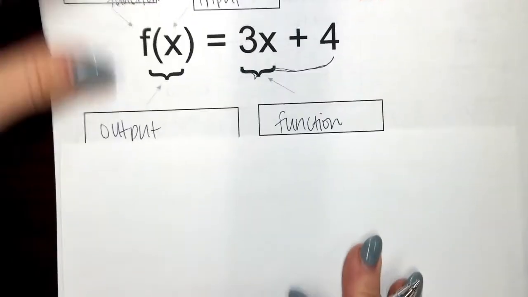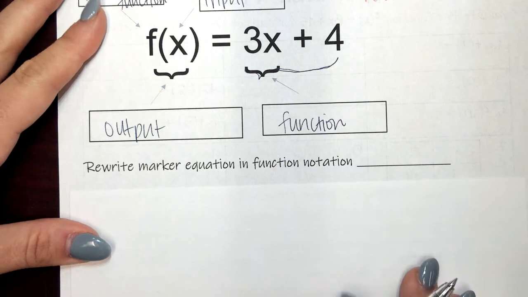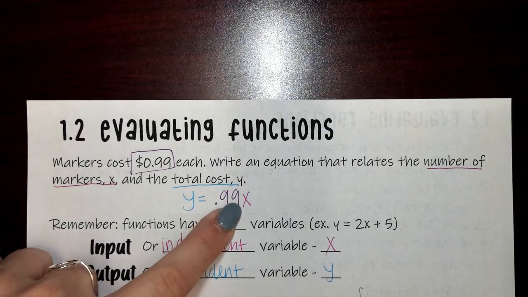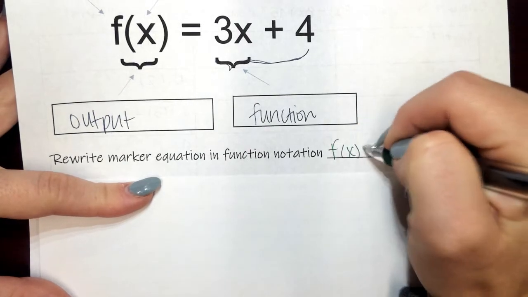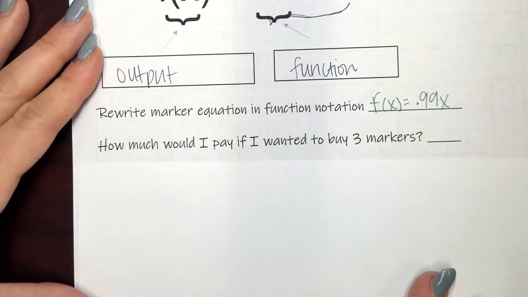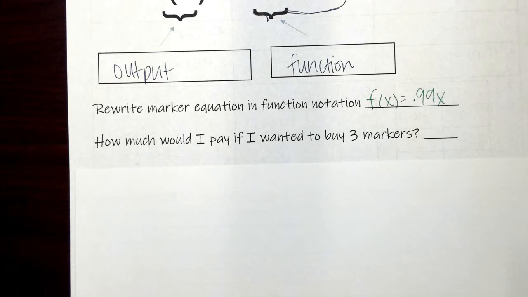Going back to this marker example, we're going to rewrite the marker equation into function notation. We had y equals 0.99x, so I'm just going to replace that y. So f of x equals 0.99x. Going back to our marker scenario, say I'm at the store and I know that each marker costs 99 cents. How much would I pay for 3 markers?